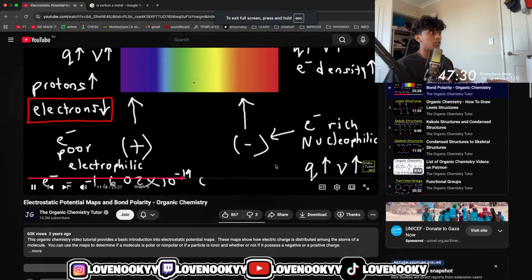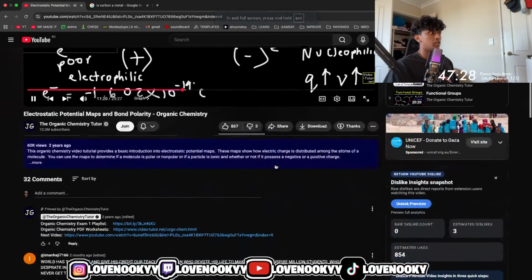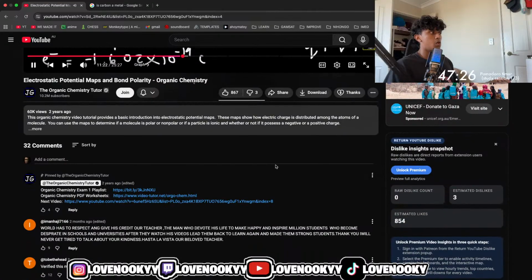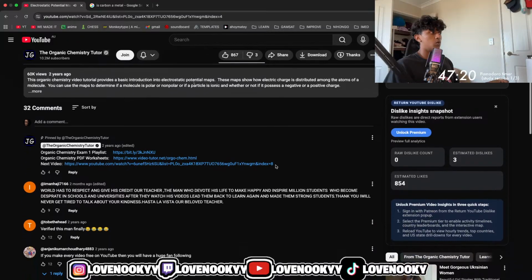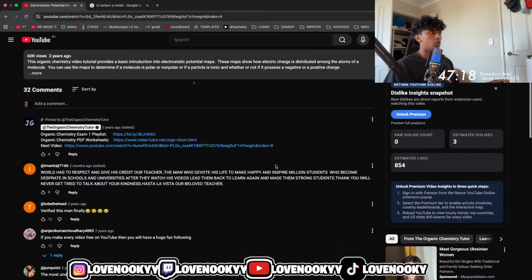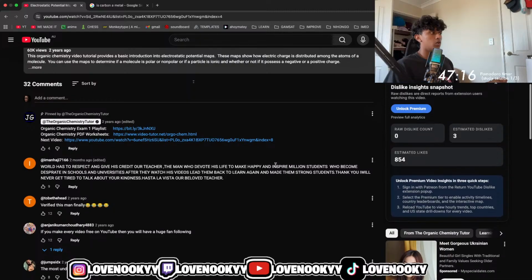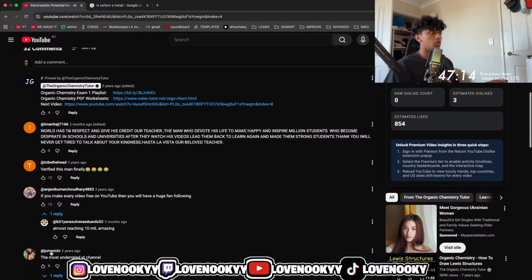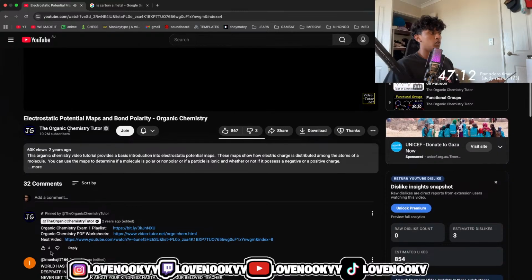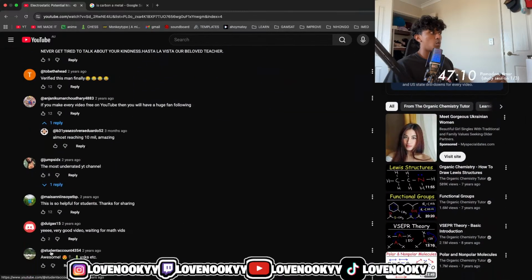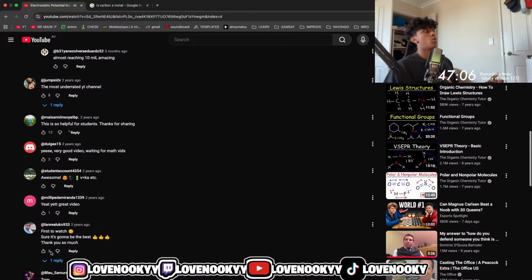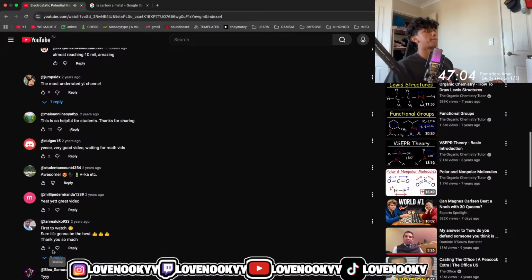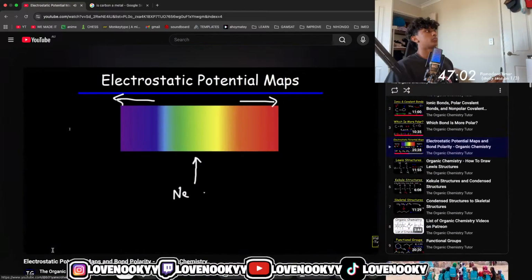Now we're going to focus on organic chemistry. Now let's put some numbers to this graph, just to really help you to see the value of this tool. So the middle area, that is the green-yellow area, this area is neutral. So think of it as 0 on a number line.